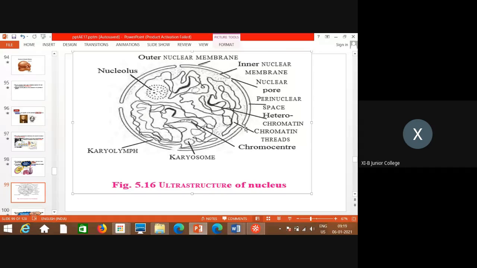It controls the entry and exit of material into the nucleus from outside, or from the nucleus to the outside. The entry and exit of substances from the nucleus is controlled by the nuclear pores.